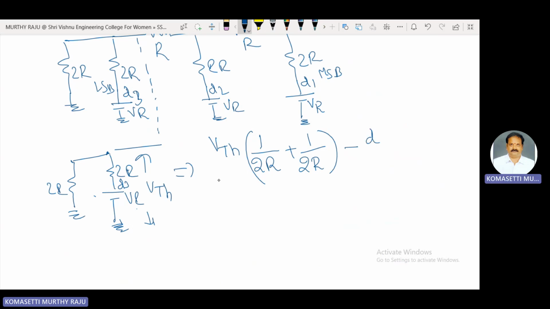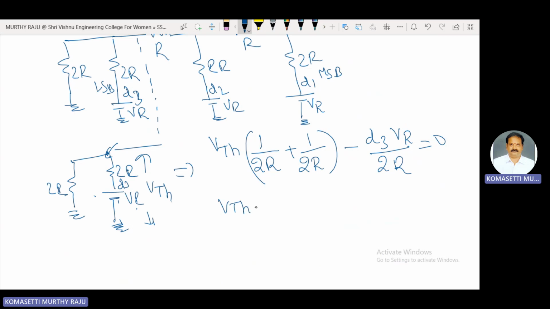The adjacent node voltage is D3 into VR. Suppose D3 is equal to 1, so it is D3 into VR. D3 into VR by resistance 2R. At this point, the voltage is VTH. Apply nodal analysis: VTH into the conductances connected to this node, 1 by 2R plus 1 by 2R, minus the adjacent node voltage term, D3 into VR by 2R, equals 0.